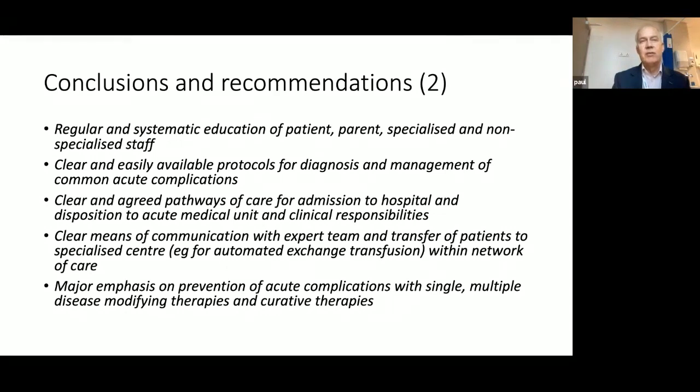The one oral treatment we have at the moment is hydroxyurea, and hydroxyurea should be offered certainly to those who have a past history of acute sickle complications. If hydroxyurea is not tolerated or for other reasons it's not possible to use hydroxyurea, then you may even need to consider regular transfusion.